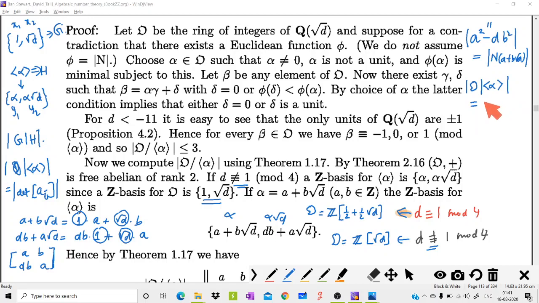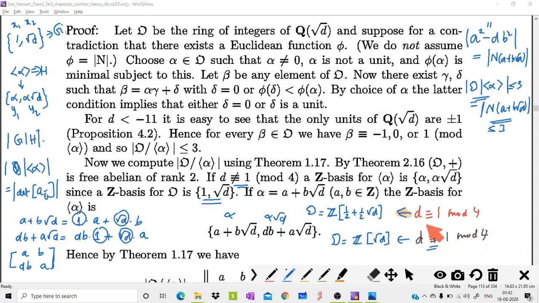So O by the ideal generated by alpha has cardinality equal to the modulus of the norm of a plus b root d. This is the case when d is not congruent to 1 mod 4.